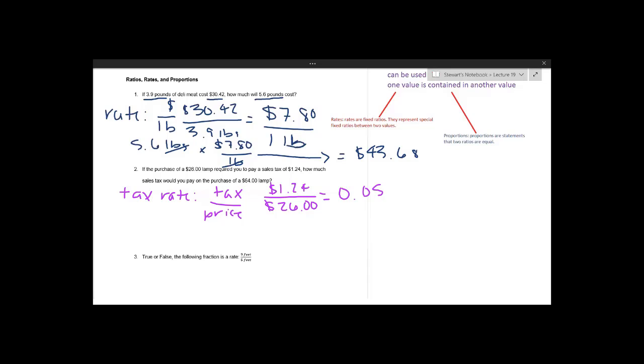So I would think if it was in a place, I'd round it to about 5%, because 0.05 translates to 5%, but we'll leave it in the decimal so we can multiply it. That's a 5% tax rate. Okay, so we have about a 5% tax rate.